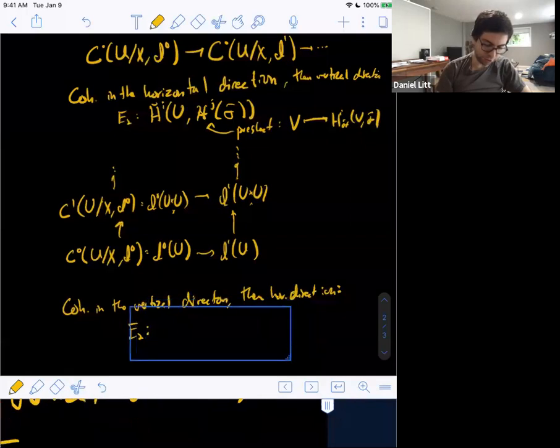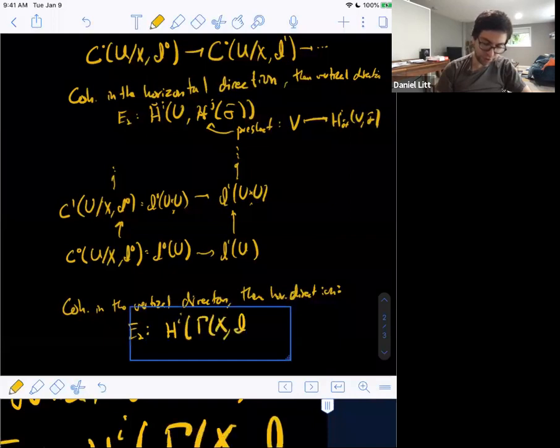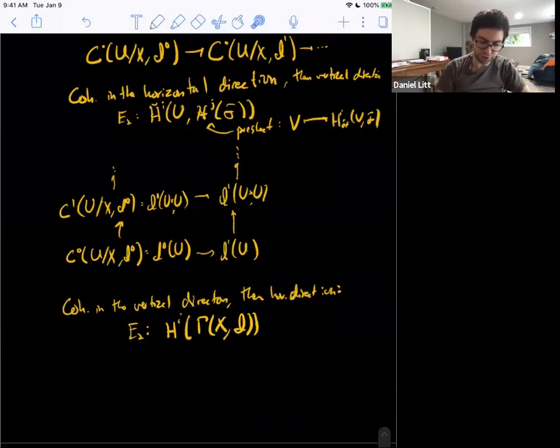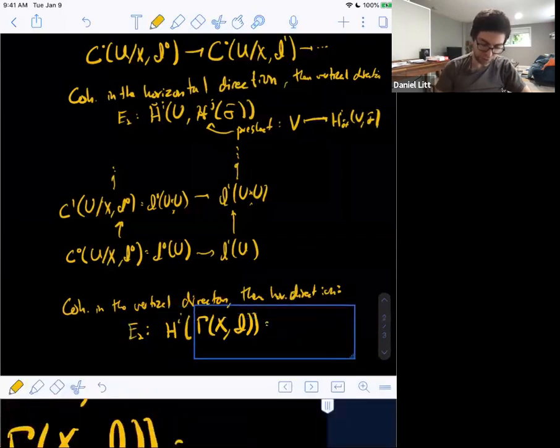So on the E2 page it's just the cohomology of the global sections of I. This inner thing is what we get when we take the cohomology in the vertical direction, and then when we take the cohomology in the horizontal direction, we're just taking cohomology. So this is derived functor cohomology.